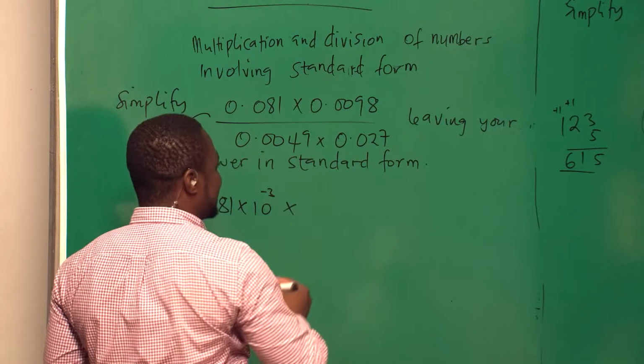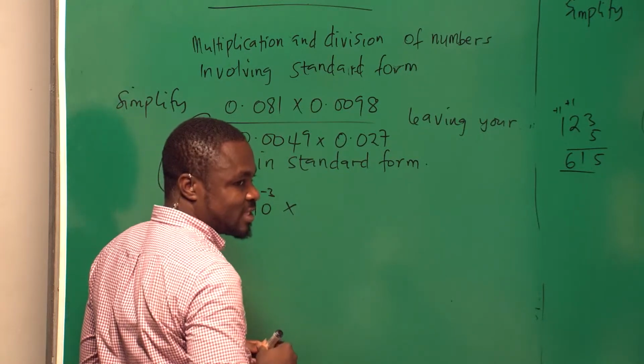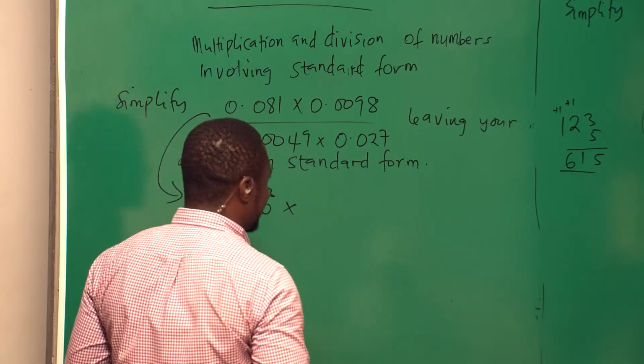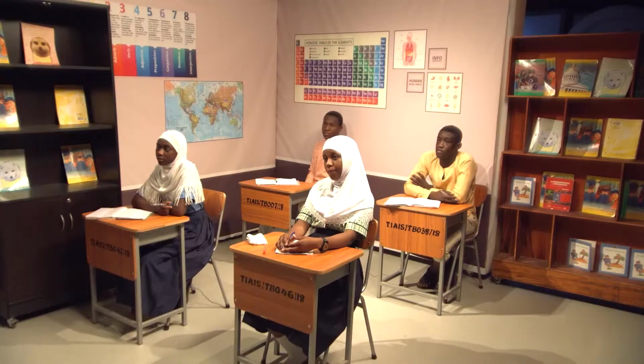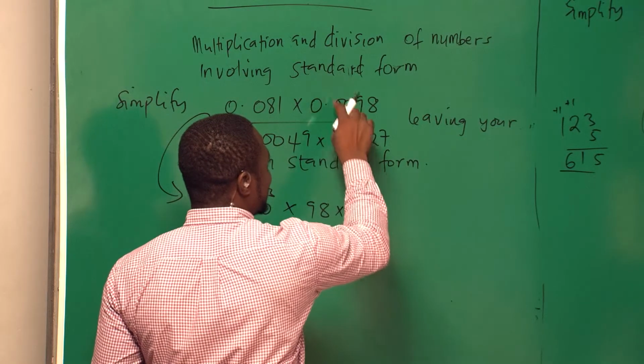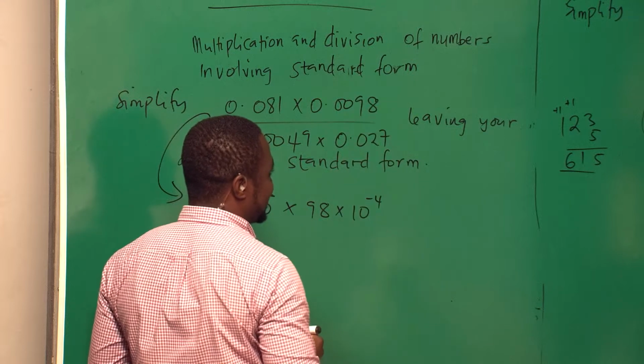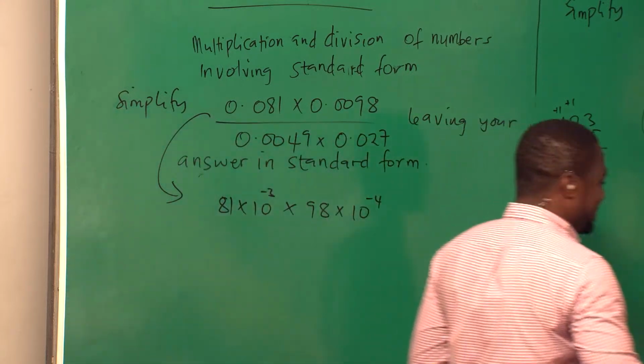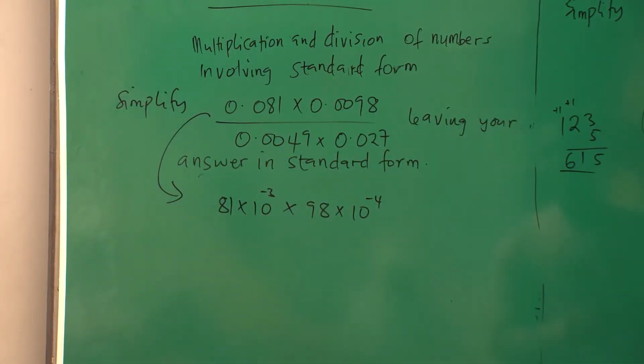Yes, always take note. Times 10 exponent negative 3. Watch out. The next one, how do you write it as a whole number? 98 times 10 exponent negative 4. Negative 4, because you move the point from the left. 1, 2, 3. Is it 3? 4. Okay, so it's 4.